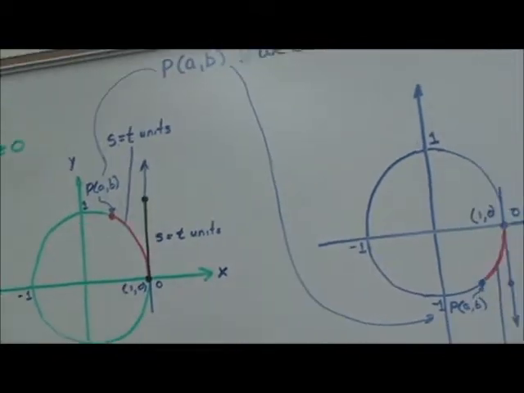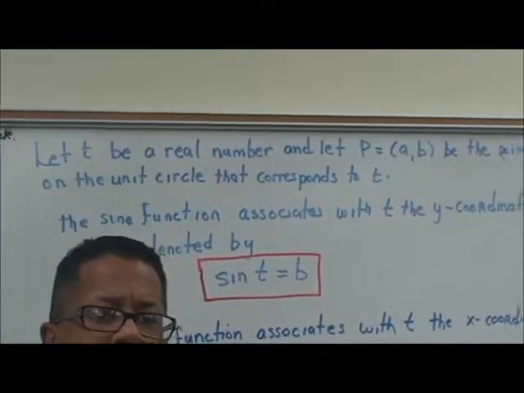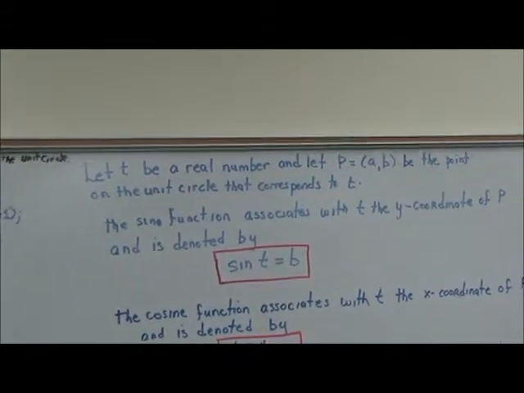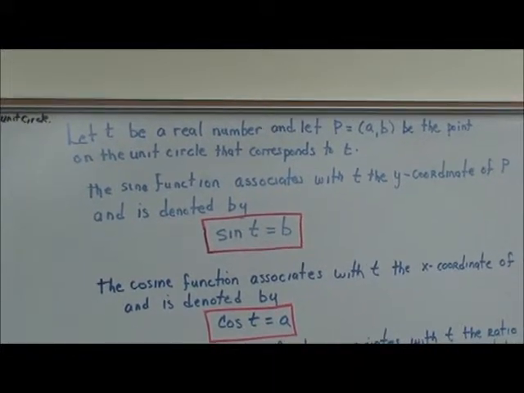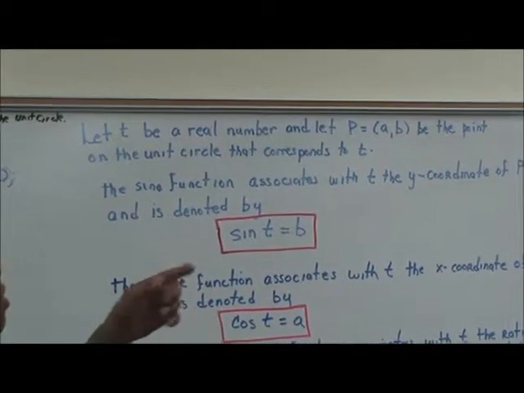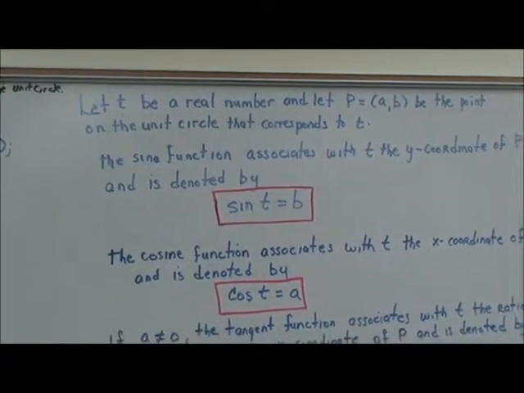Now, let's look at the definition here. Let T be a real number and let P equal (A, B), which is a point on the unit circle that corresponds to T. The sine function associated with T, the y coordinate of P, is denoted by sine T is equal to B. You see this?